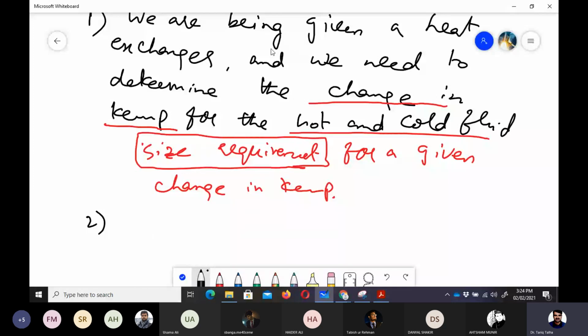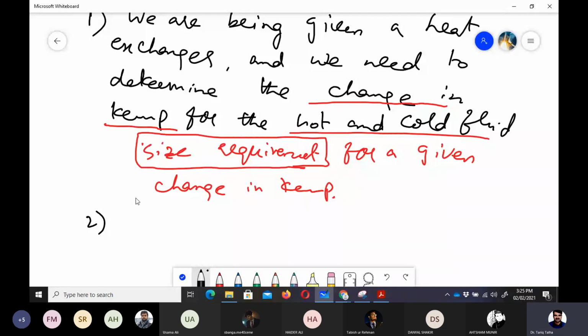Here we have to design the heat exchanger, determining how many turns and what length of the tube is required.